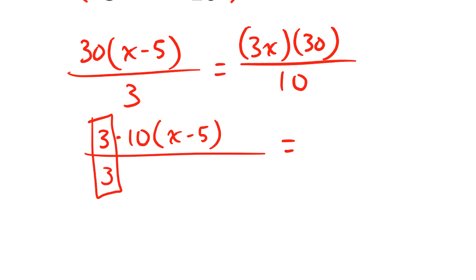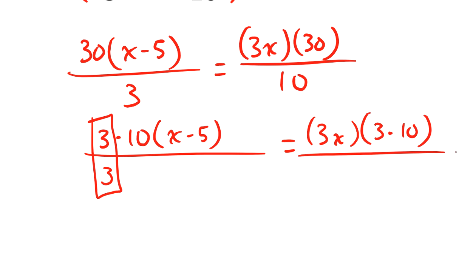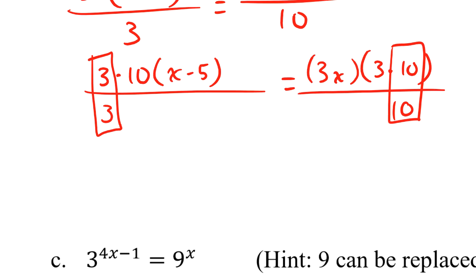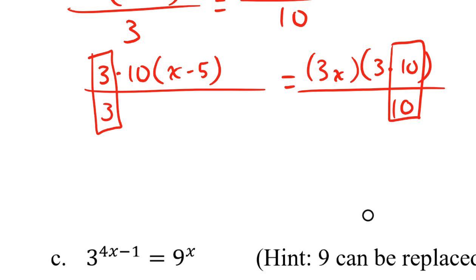And over on the right hand side, there's the 3x, and then I've got the 3 times 10. Because these are all factors, I can see I have this giant 1 here. Again, it's important that they're factors, not terms. So on my left-hand side, this becomes 10x minus 50, and over on the right-hand side, it becomes simply 9x.